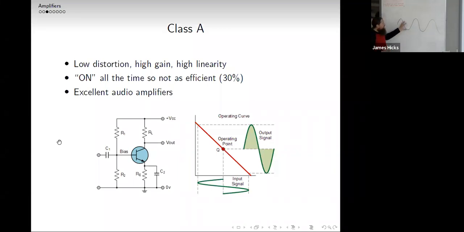A linear amplifier, so this waveform is fed into the amplifier. Every point on the wave gets amplified the same amount. That's a linear amplifier. That's usually what you want, is a linear amplifier.